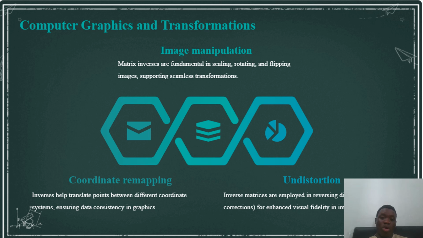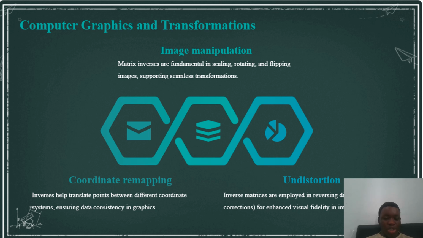Now, computer graphics and transformations. Image manipulation. This slide shows how matrix inverses are essential in computer graphics.